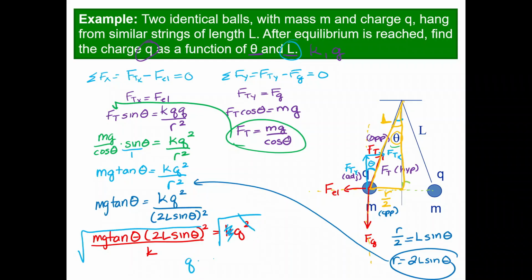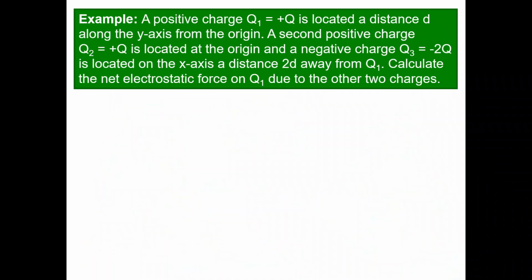So I get that q is equal to the mg tan theta over k has to stay there, and then the 2L sine theta, because that's inside the square and multiplication doesn't matter, I can actually pull that in front, 2L sine theta, and then all that is times the square root of mg tan theta over k. And that would be the value of the charge.